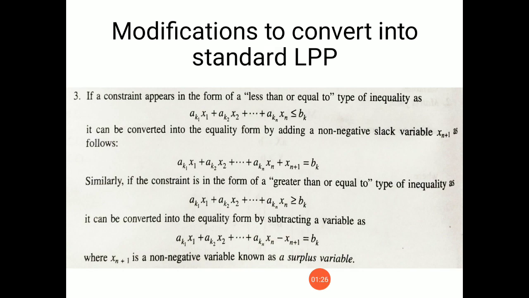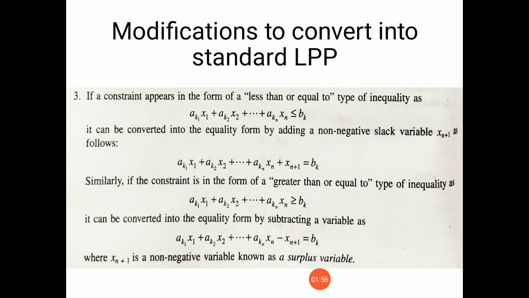Similarly, if the inequality constraint is of greater than or equal to sign, then to convert it into the equation form, we subtract a surplus variable. So this point is needed in this simplex method.